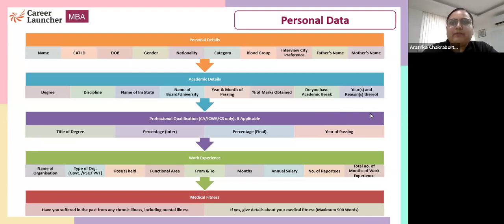Okay, I needed to prepare because I wanted to go there. I've completed CA inter, how to enter that? There is a degree. This title of professional qualification is already there, right? In the third option, you need to enter the professional qualification if you have any. The title of the degree, percentage of this, you have not completed.